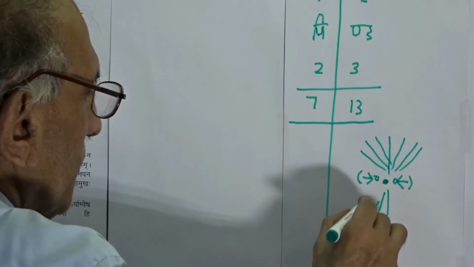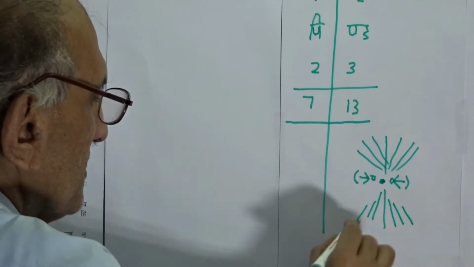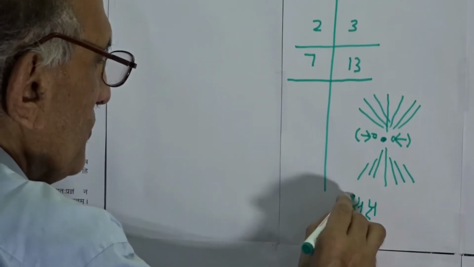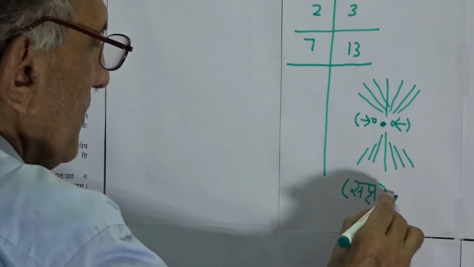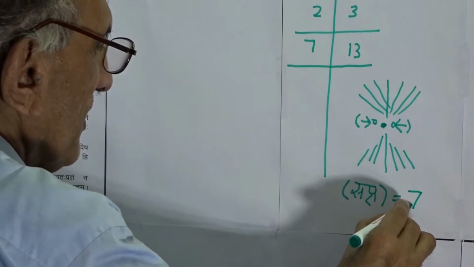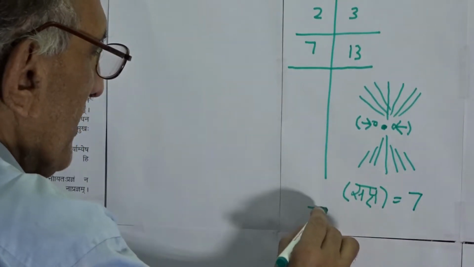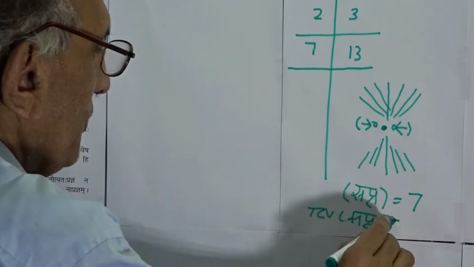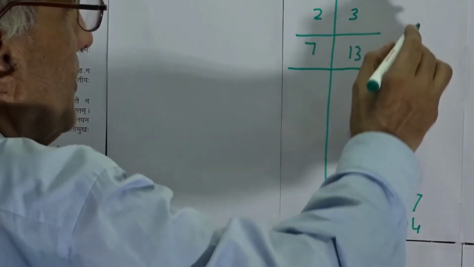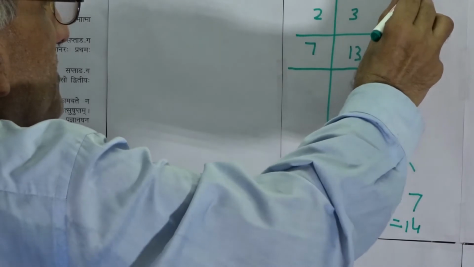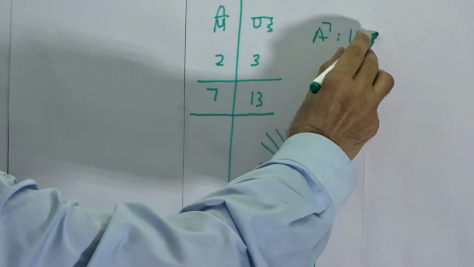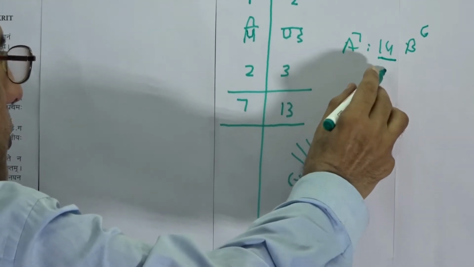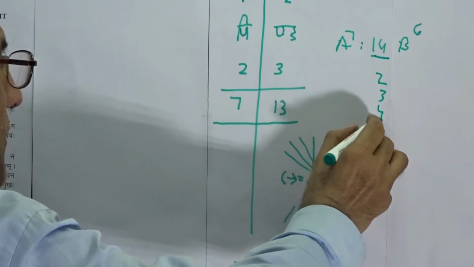It is this flow of 7 streams in pairs that will help us appreciate the value Sapt, whose simple rendering is 7, but the TCV value of Sapt is going to be 14. Further, we know a raised to power 7 is equal to 14 b raised to power 6. 14 we know is 2, 3, 4 and 5.